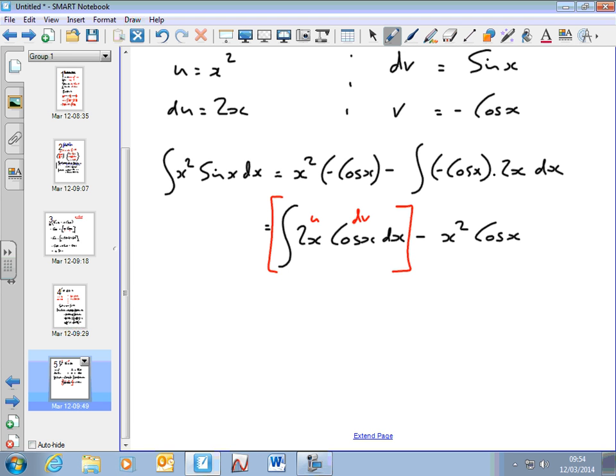So whatever I call u, I differentiate, and whatever I call dv, I integrate. So du is 2, great, because x has now disappeared, and v is sine x.